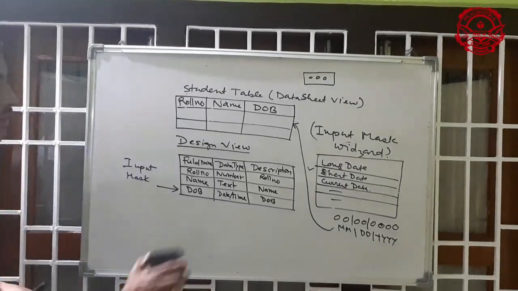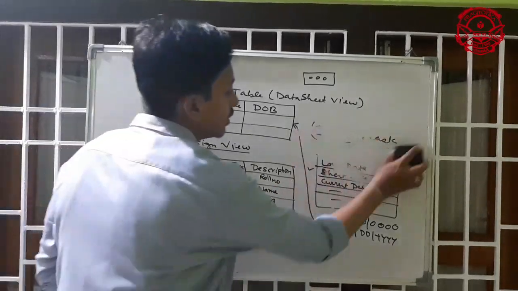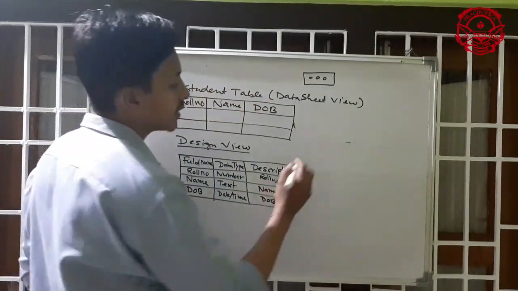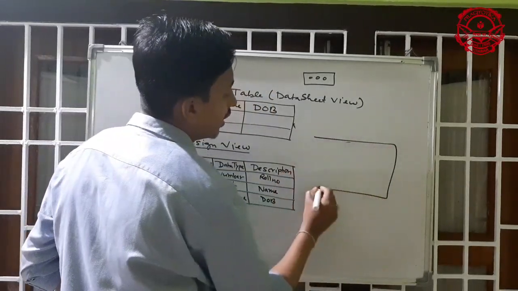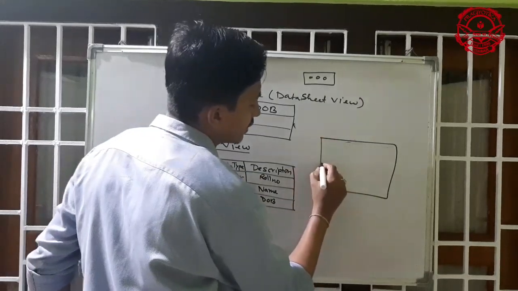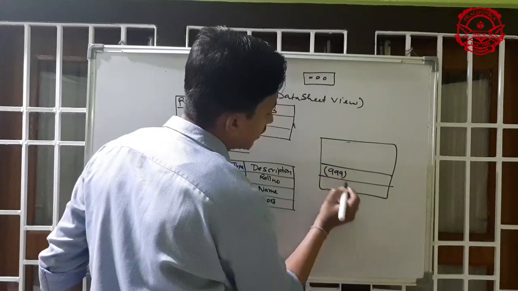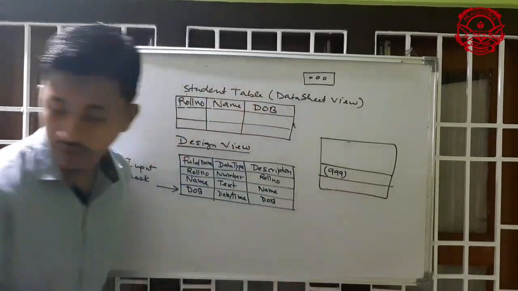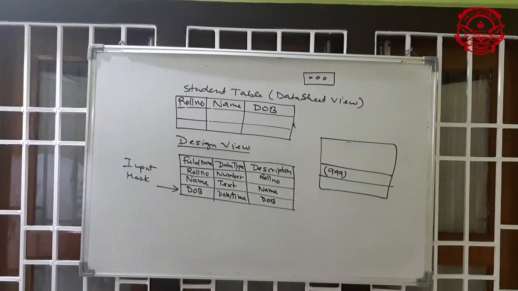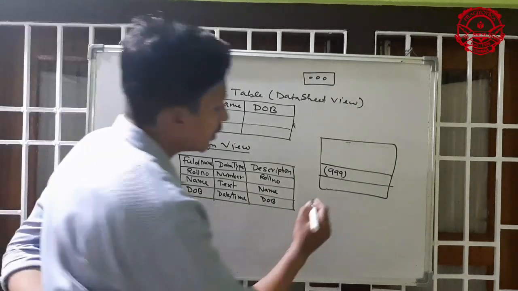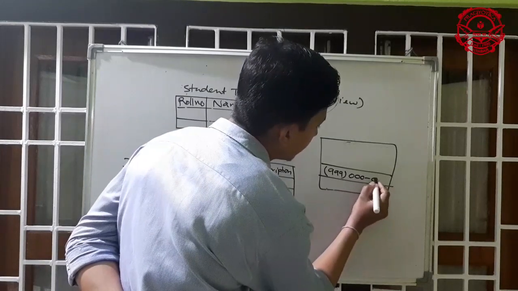Now see what happens after that. When you select the phone number option as input mask, an option comes like this: 999, then 000, and 000.